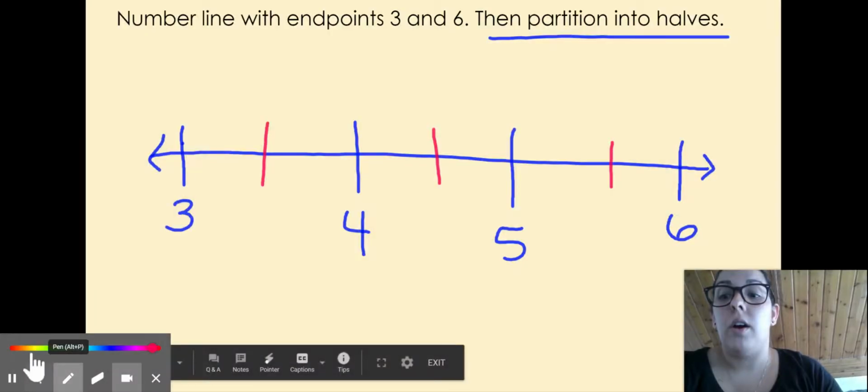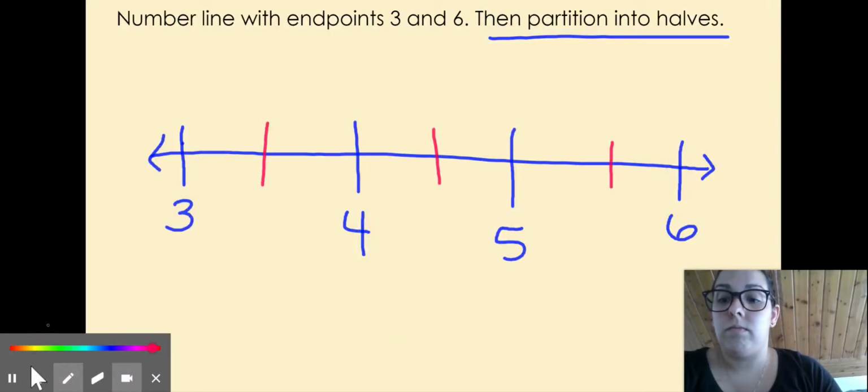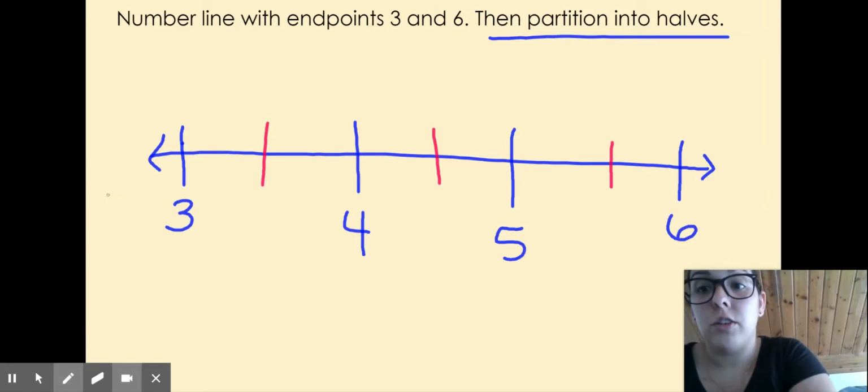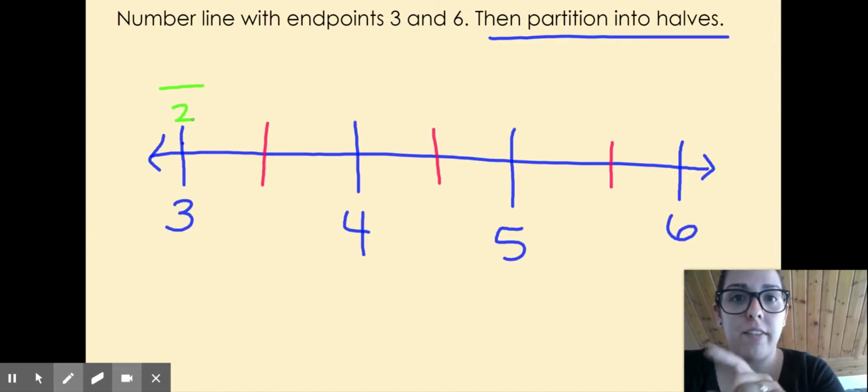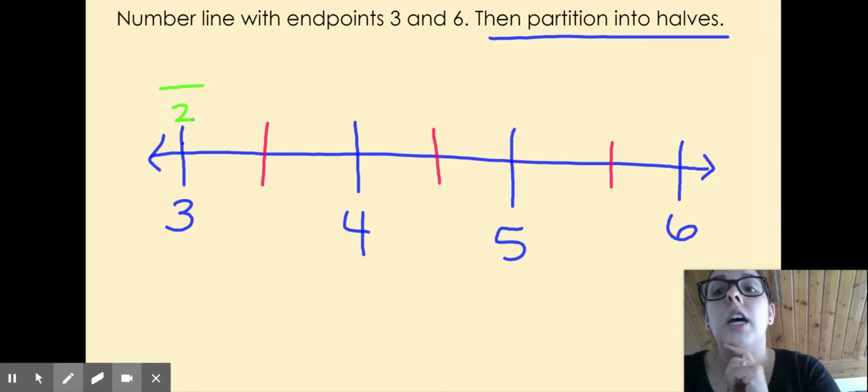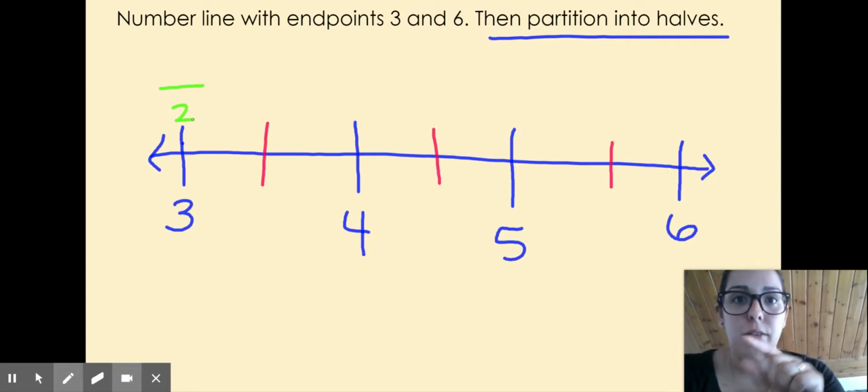Now, I know that halves means 2. So my denominator is going to be 2 because it's halves. Now, here's a trick. Every time you're working with a whole number and you're looking for what the numerator is going to be, that number on top, just multiply your denominator with your whole number, and that will give you the number that goes in your numerator slot.